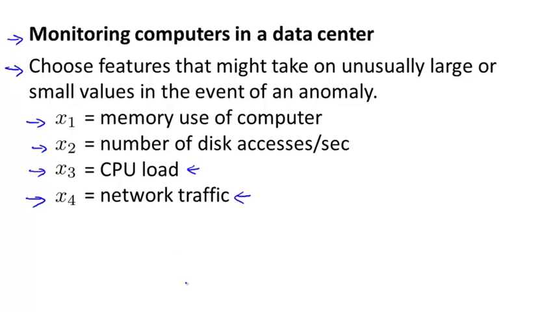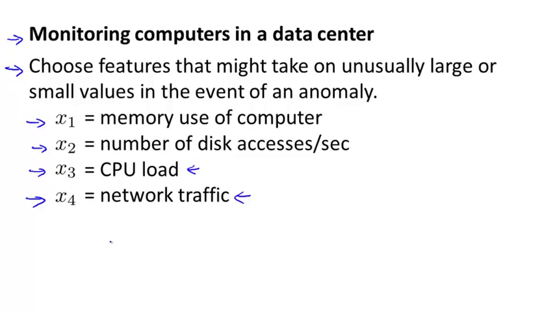So if I think one of the failure cases is one of my web server code gets stuck in some infinite loop, and so the CPU load grows, but the network traffic doesn't, because it's just spinning its wheels and doing a lot of CPU work, stuck in some infinite loop.